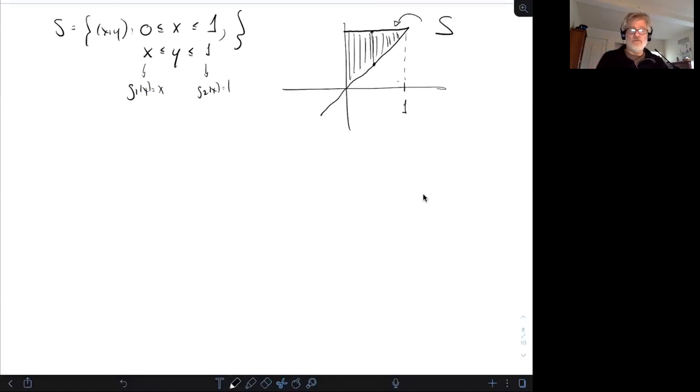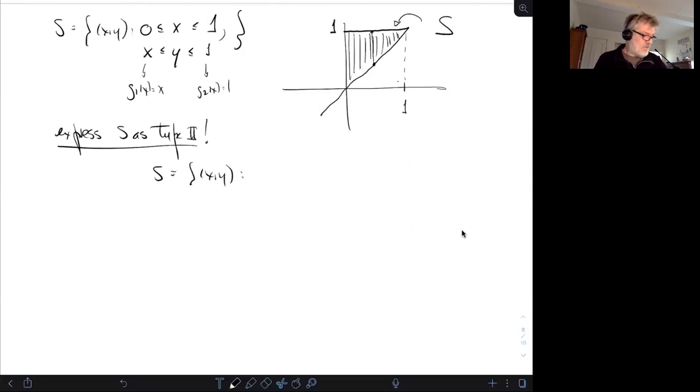So what I'm going to do is to express that as a type 2 region. Okay? So what is this as type 2? Well, it is the set of all xy such that y should be between constant bounds.